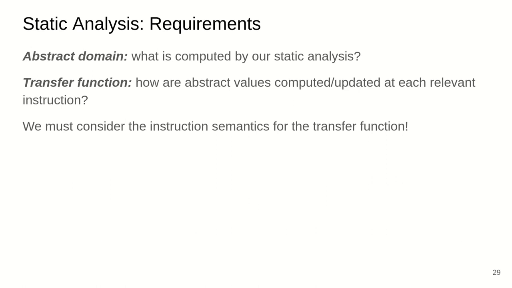So concrete values were replaced by the ranges that we kept for the different values. So we must consider the instruction semantics of the transfer function, as in merging the two parts of I5 and I6 into I7. Combining the two ranges is a different operation than simply adding a certain number, right? As this has different semantics, so we must consider this instruction semantics for the transfer functions alongside.